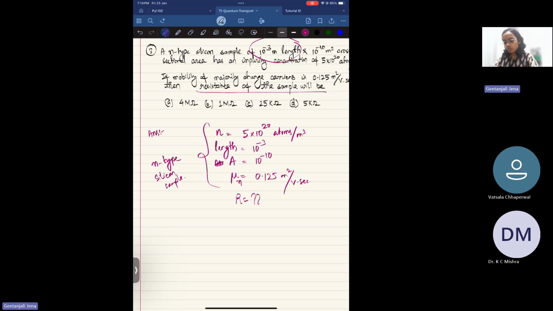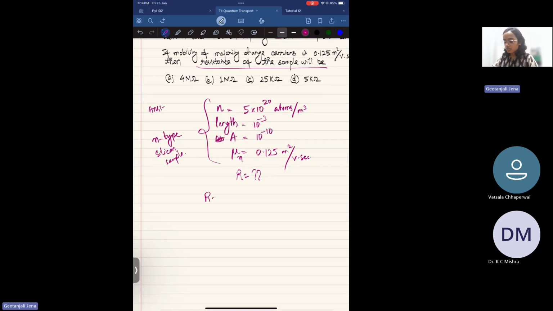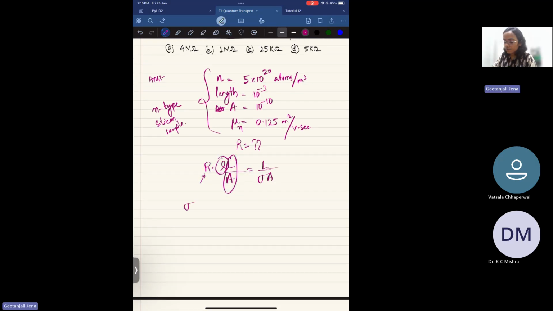Okay, so for our problem, if you recall, R is rho L by A, right? This you already know. L and A, length and area, are already given. Rho, we need to find out, the resistivity. Rho, if you recall, is the inverse of conductivity, which is 1 by sigma. So our first job is to find the conductivity, sigma.